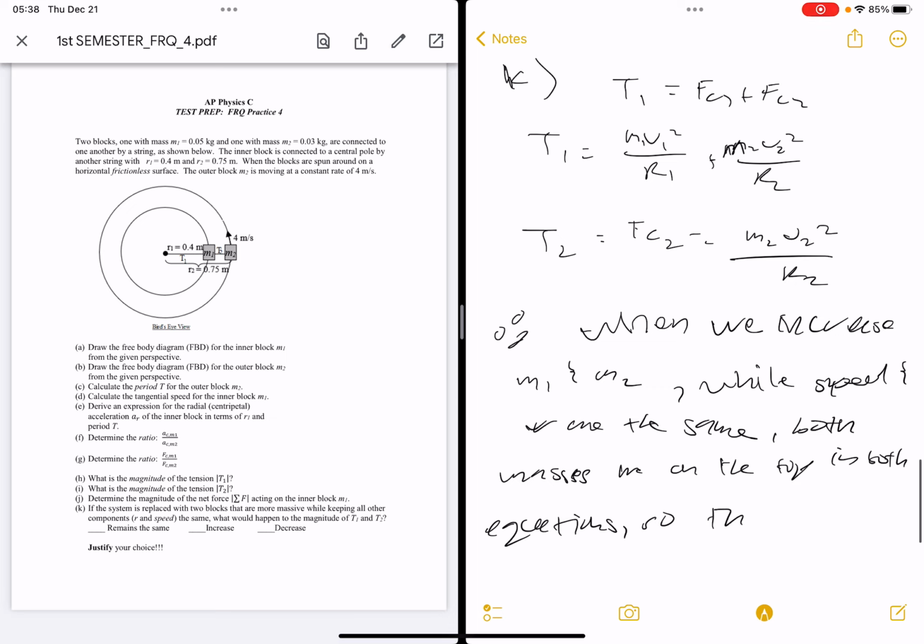So both tensions T1 and T2 will therefore increase.